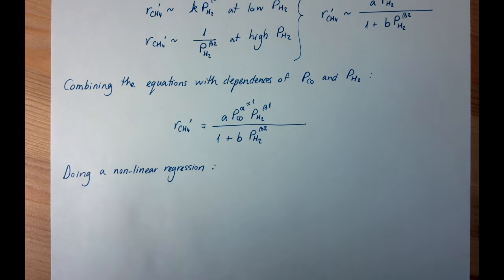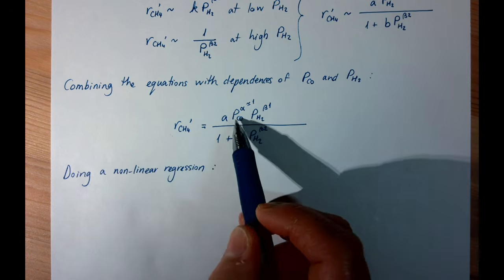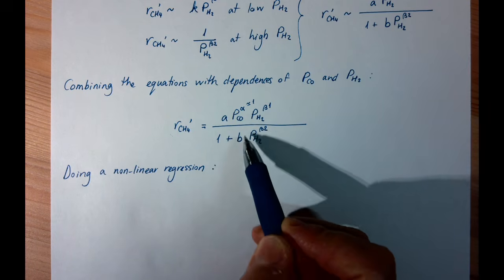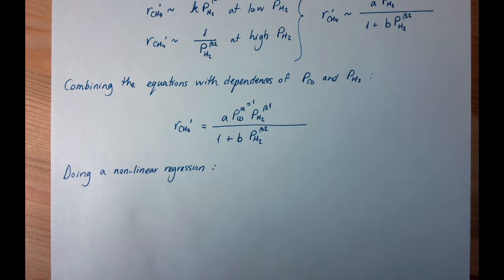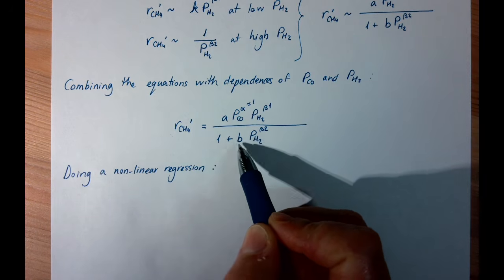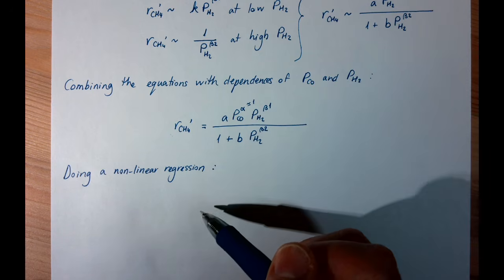But if you do a nonlinear regression, with the experimental data points that you have for R, for PCO, and for P hydrogen, you would tell your program to do a nonlinear regression and simultaneously solve for A, B, beta 1, beta 2, and alpha.